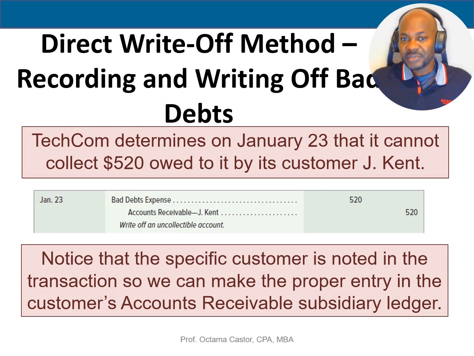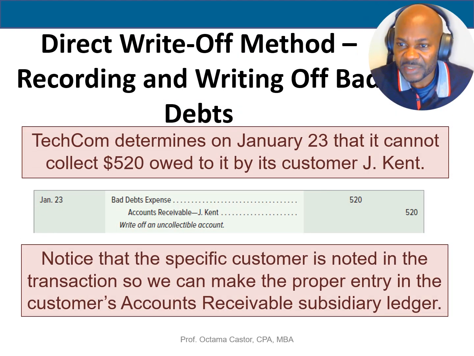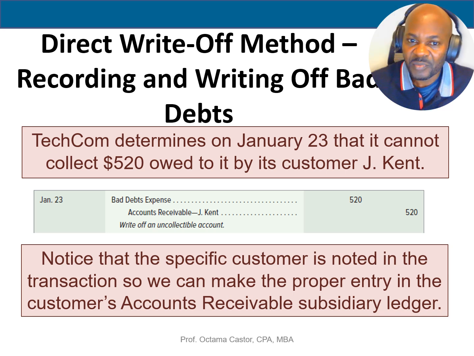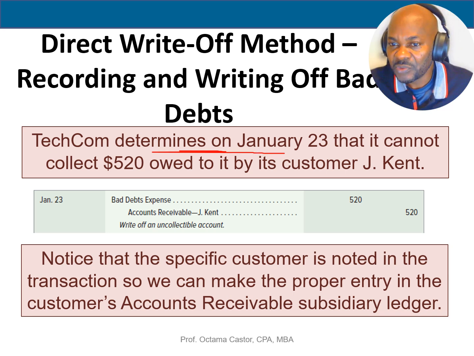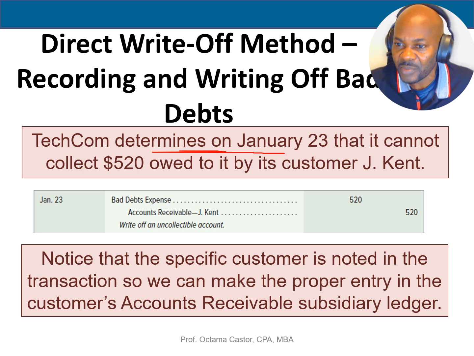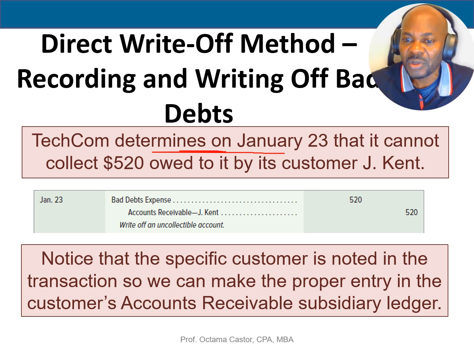Direct write-off method, how do you record that? Let's take a look at an example. TechCom determines, remember that sale we made on January 23rd, that it cannot collect the $520 owed to it by the customer, JCAN. So if they don't expect to collect, that means that account becomes uncollectible. You book this journal entry.